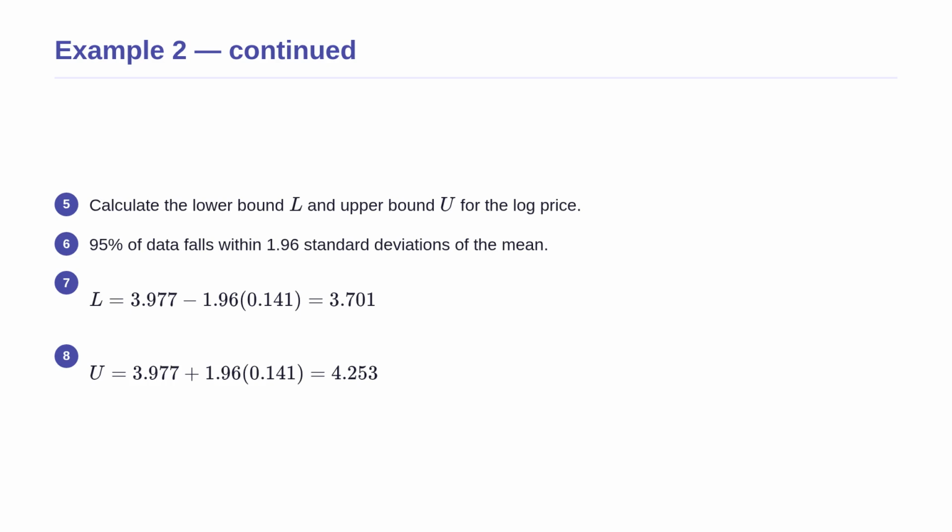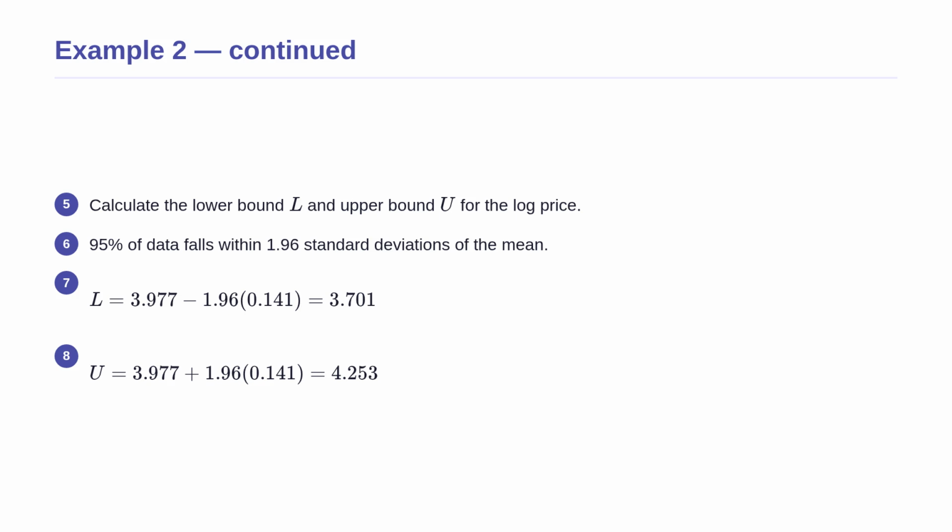Now that we have the standard deviation, we can calculate the lower bound L and the upper bound U of the log price. In a standard normal distribution, 95% of the data falls within 1.96 standard deviations of the mean. So, to find the lower boundary, we take our mean of 3.977 and subtract 1.96 times our standard deviation.